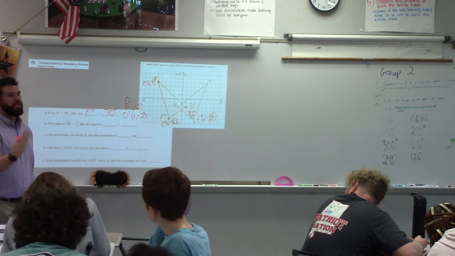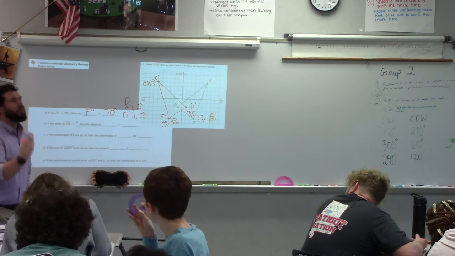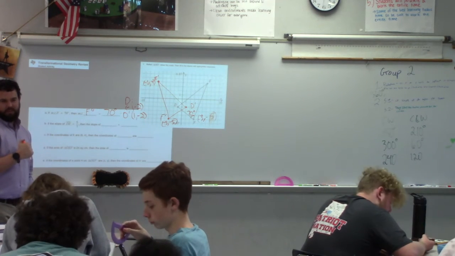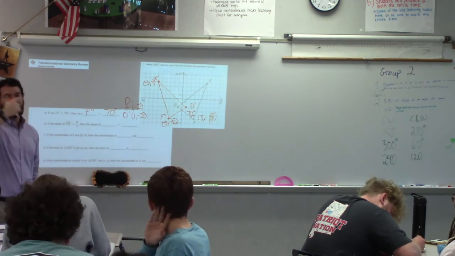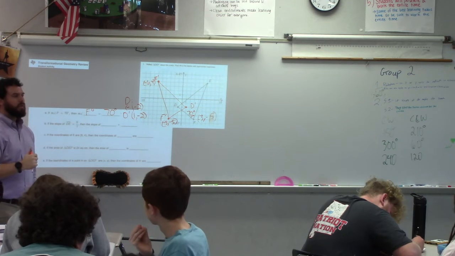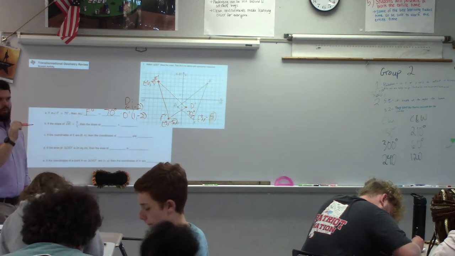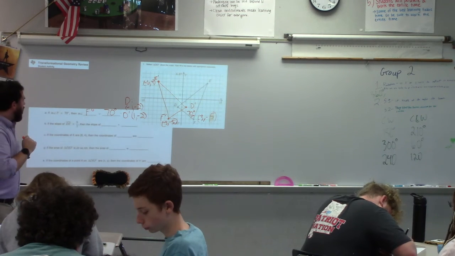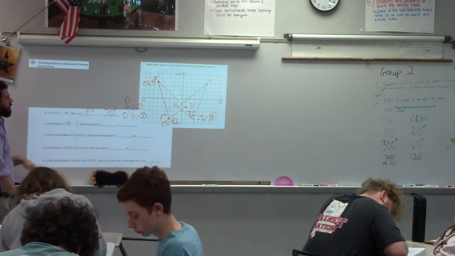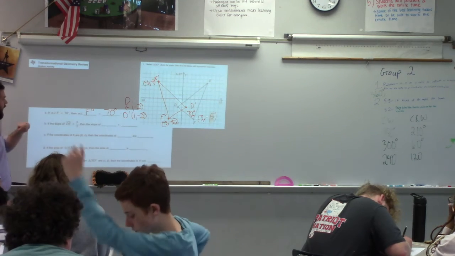What type of transformation is it? Rigid. It's a rigid transformation, right? And all of the rigid transformations preserve angle measures, side lengths, and area. By the way, does anyone remember the other word for rigid transformation? Isometry, right?